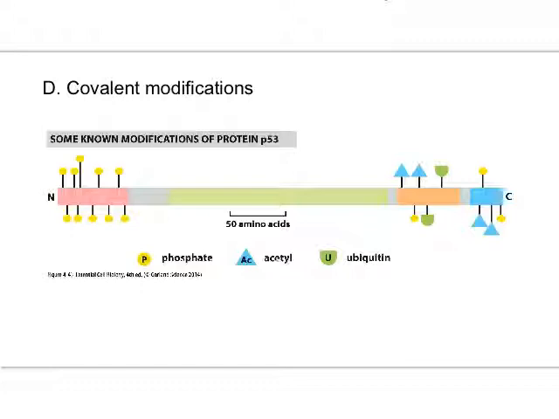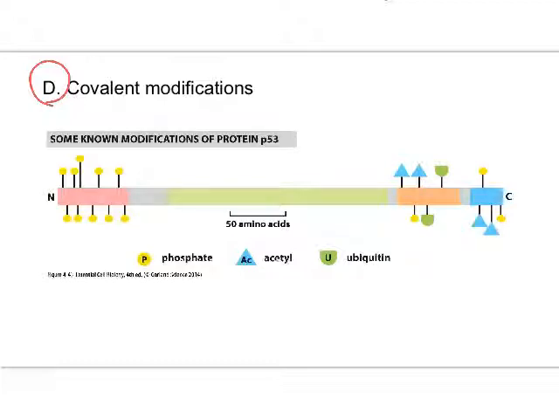So we already talked about protein phosphorylation, and as I said, that was a covalent modification of the protein. But here we have another section on covalent modifications beyond phosphorylation that are also really important in the cell.